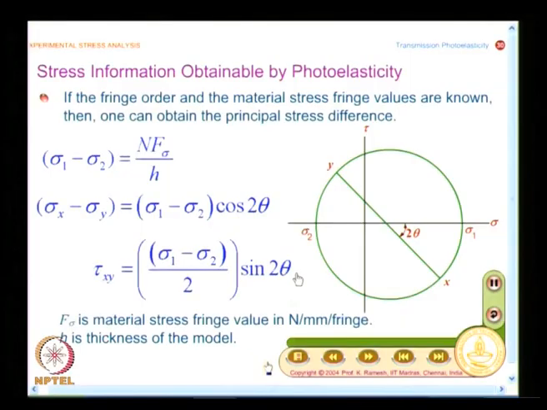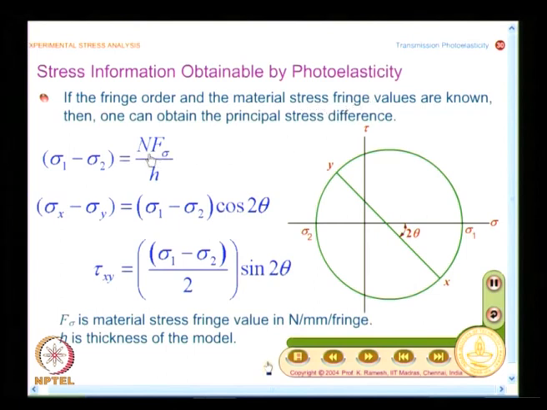In reality, all bodies are deformable. So, you live on approximations, and the same concepts are required when we understand and interpret the result from photoelastic analysis. So, what we have looked at here is the stress information obtainable by photoelasticity.